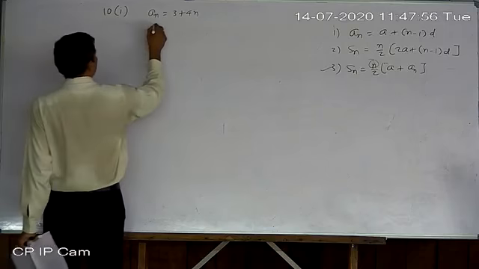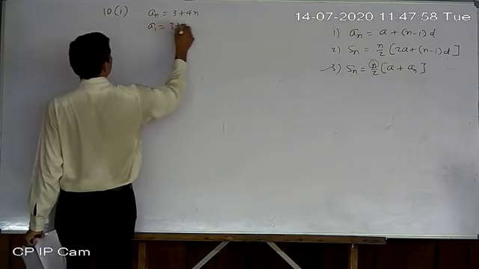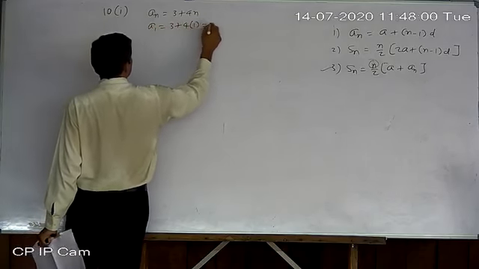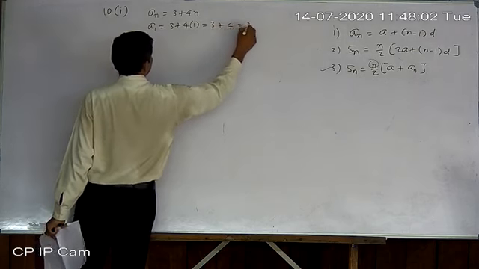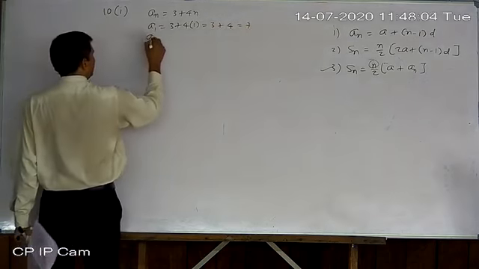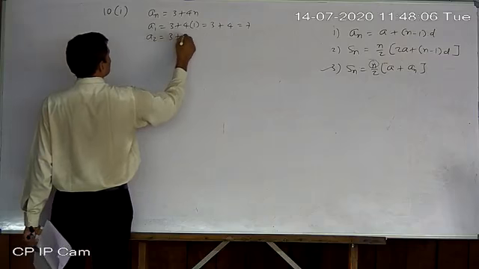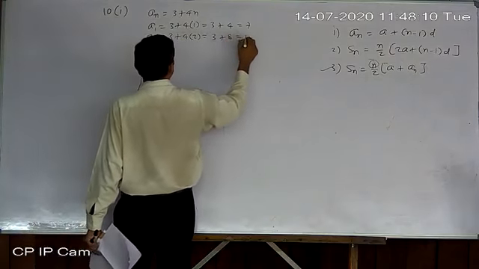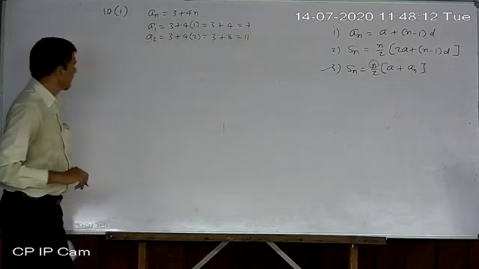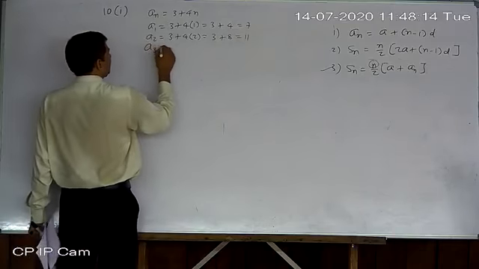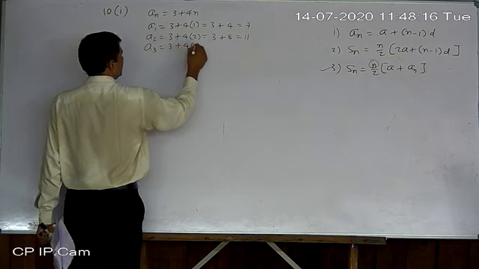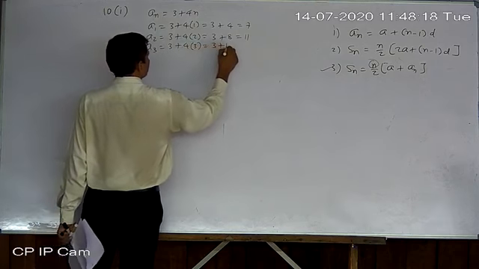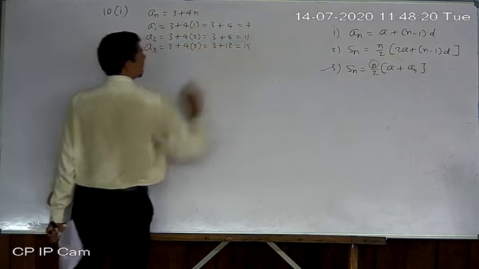So A1 will be what? 3 plus 4 into 1 means 3 plus 4, 7. Then A2 will be 3 plus 4 into 2 means 3 plus 8, 11. Then A3 will be 3 plus 4 into 3 means 3 plus 12, 15.